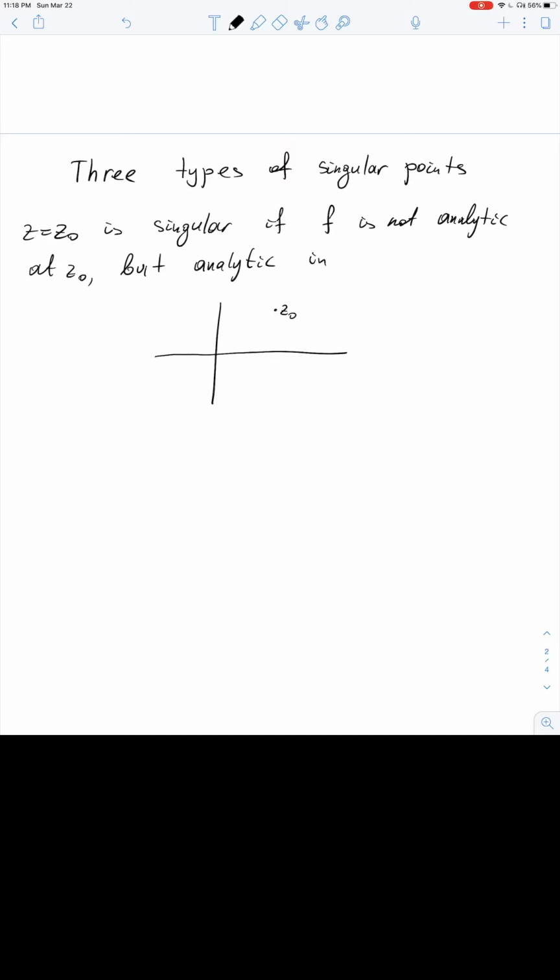So here is z0, analytic in some circle around z0 except for z0, so we erase z0. And if this is the case, then we can expand f in Laurent series around z0.